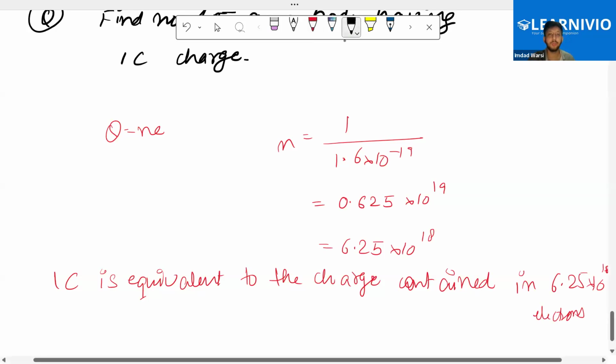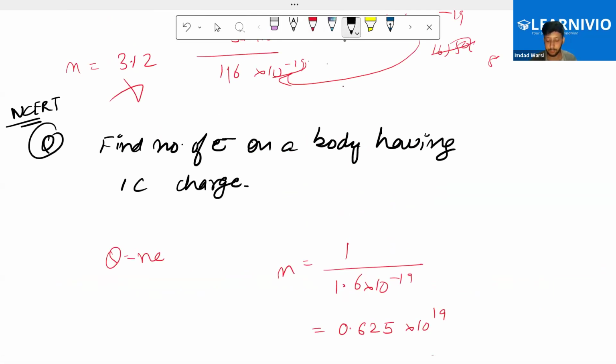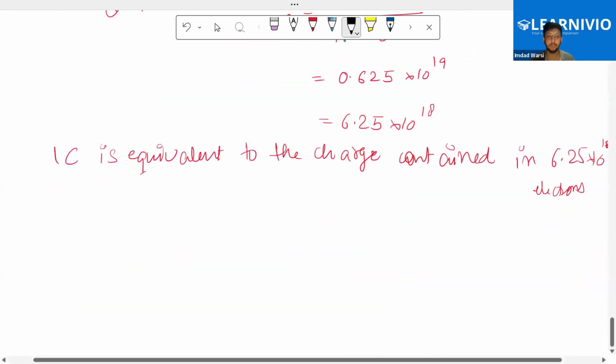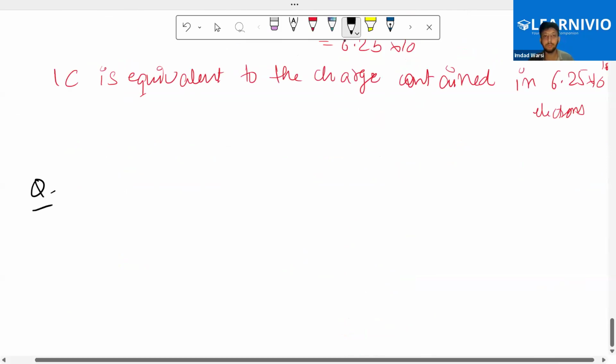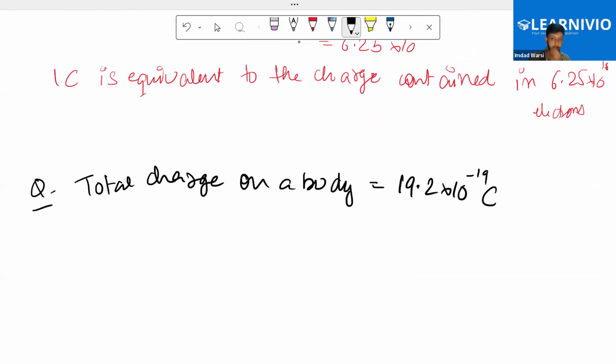Let's practice one more question. Okay, I'll give you one question. Wait. This question. Total charge on a body is 19.2 into 10 to the power minus 19 coulomb. Right?